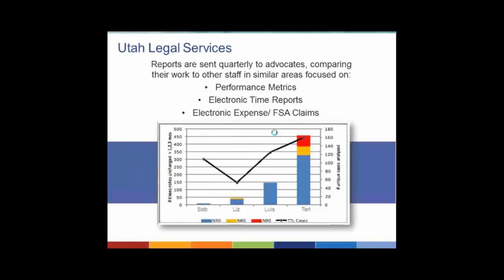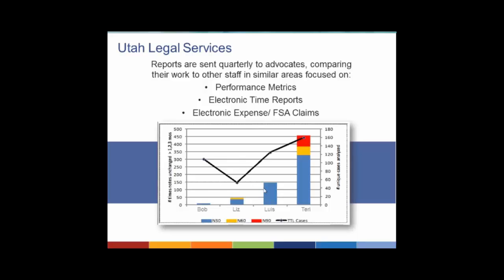Here's the graph that we looked at earlier, let's look at it a little more specifically. This is the number of notes that have been unchanged over 30 days, 60 days, and 90 days. This red bar means that she's got about 25 cases where the notes have not changed in 3 months, but they're not closed.